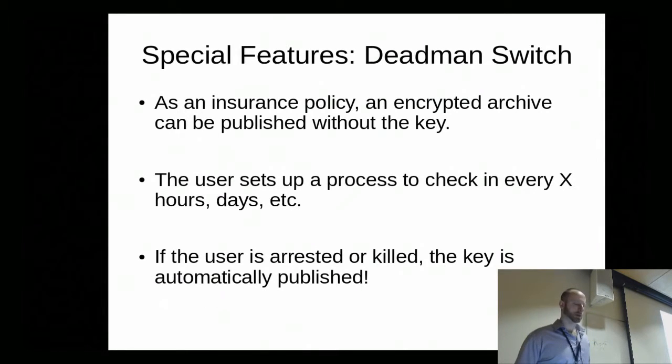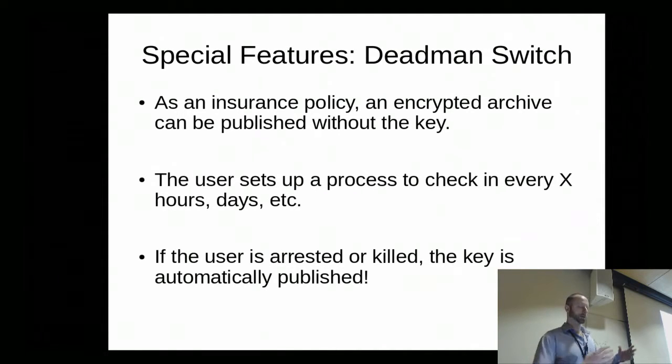I began implementing another feature, a Deadman Switch, and this is pretty interesting. This can be an insurance policy for some people in some very special situations. The idea is that you would publish an encrypted archive, except that the last block doesn't have the key.